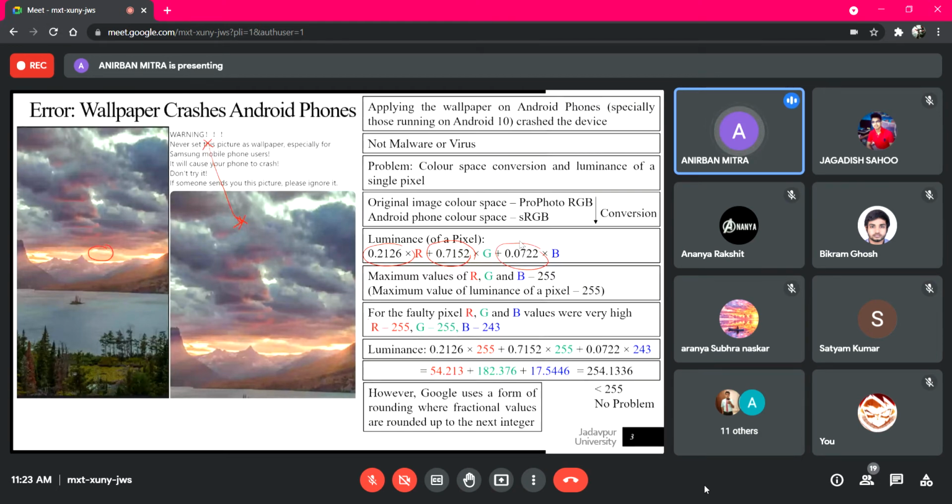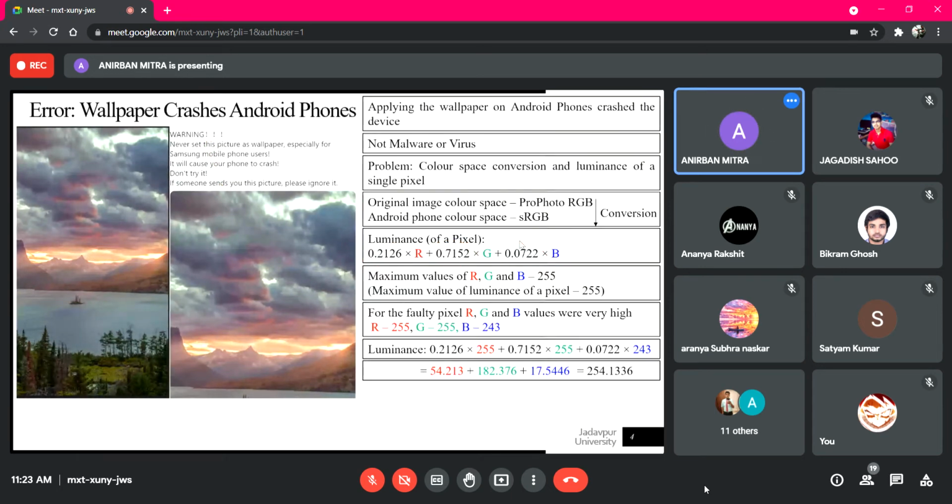There is a fractional value over there, and we are rounding up to some integer value. Because of this rounding, now 54 was converted to 55, 182 goes to 183, and 17 goes to 18. That is the rounding up. If you add these together, you get a value of 256, which is obviously more than 255, and that is the error.